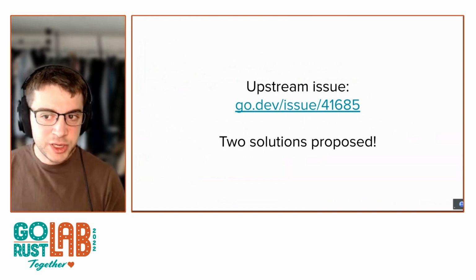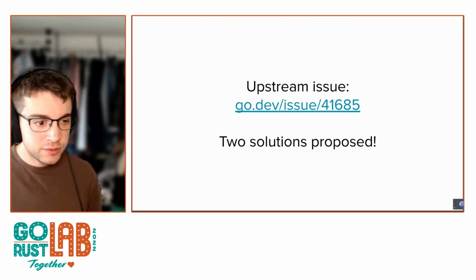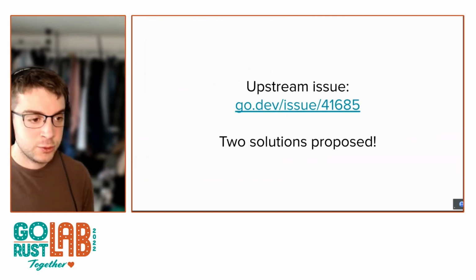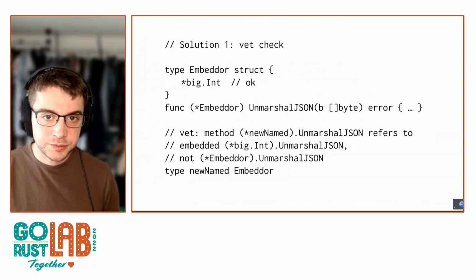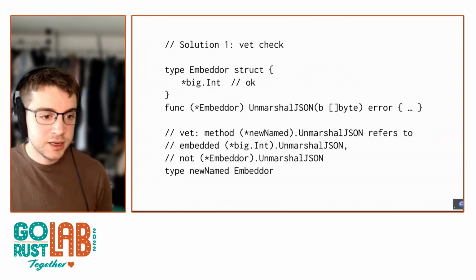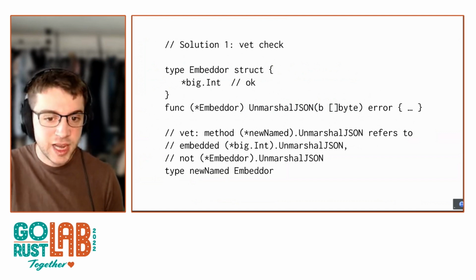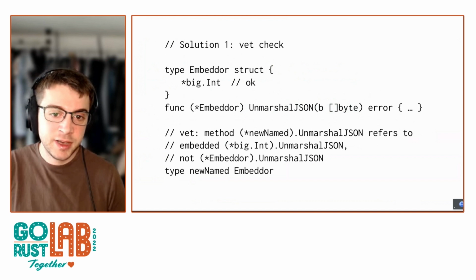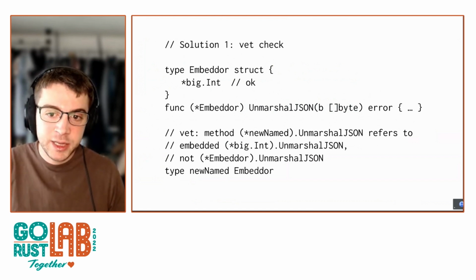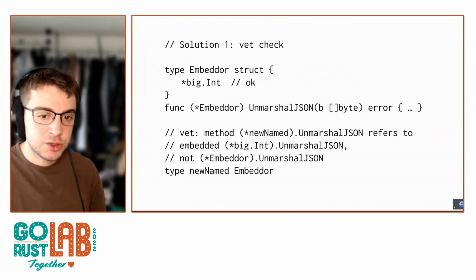So there is an upstream issue about this. It's 41685. And it is sort of a known problem, like you could call it a foot gun with struct embedding. And there are two workarounds proposed. One is a vet check. So you can think of a static analysis that tells you if you do type new named embedder, for example, it would say, hey, vet could say, the method new named.unmarshal JSON refers to the embedded int.unmarshal JSON, not embedder.unmarshal JSON.